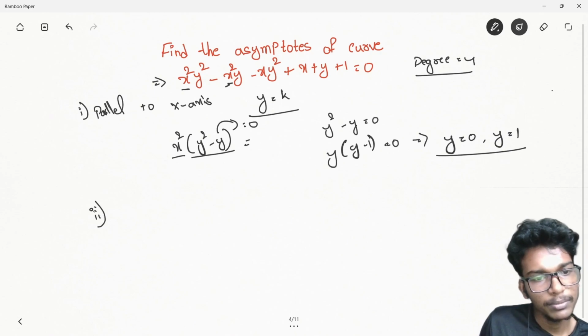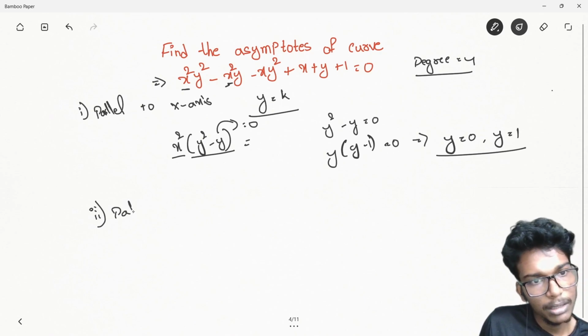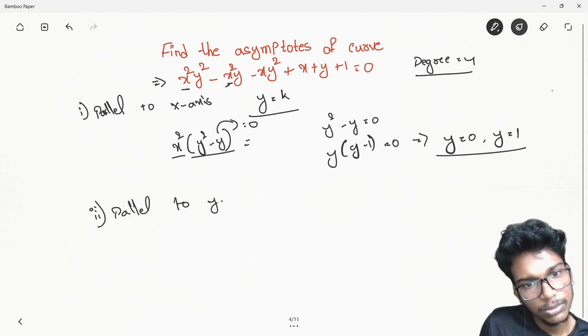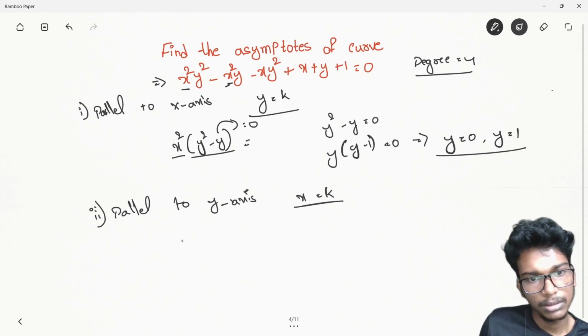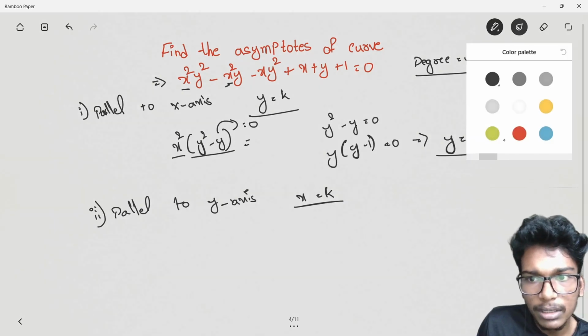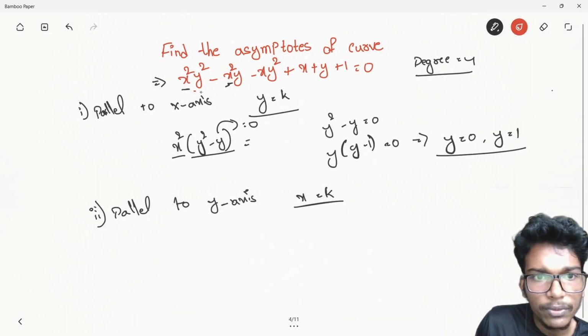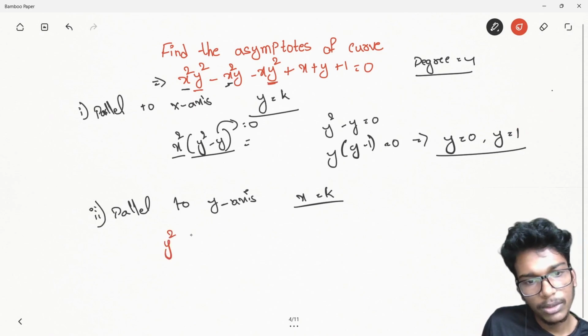Likewise, now we are going to find the asymptotes parallel to the y-axis, that is, x equal to some k. In this function, the highest power of y is y square, and we consider y square into its coefficient x square minus x.